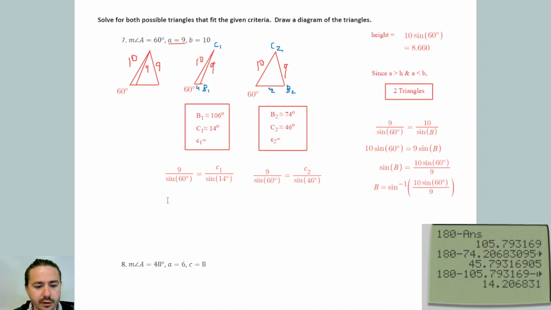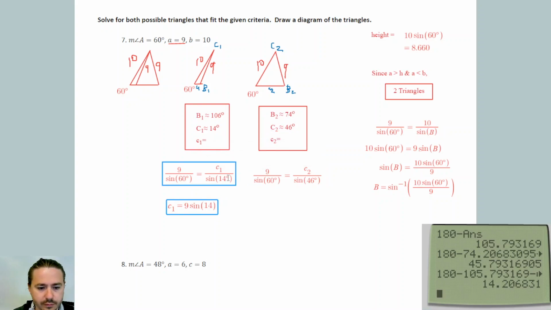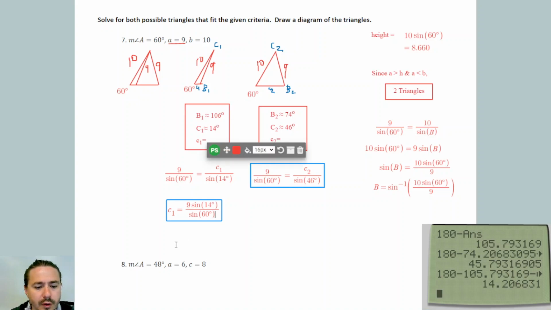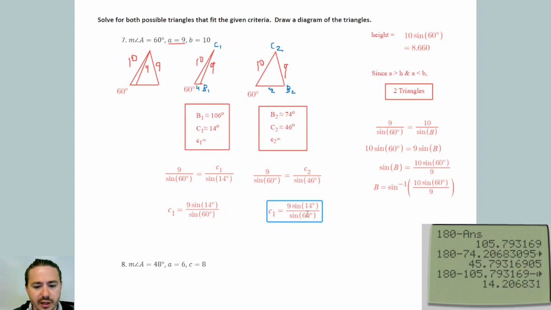So that C1 is going to equal 9 times the sine of 14 degrees, divided by the sine of 60 degrees. And we will solve for the other missing side the same way, except we'll just have 9 times the sine of 46.